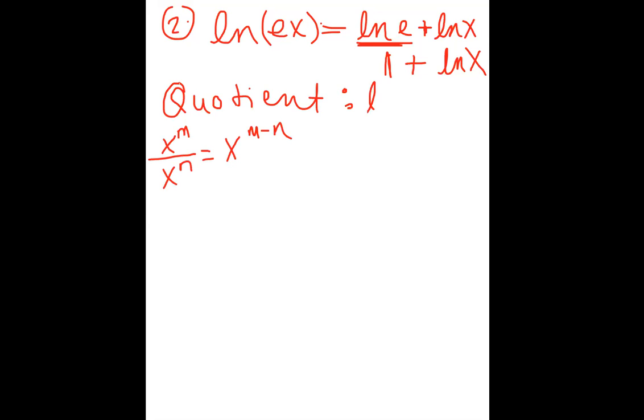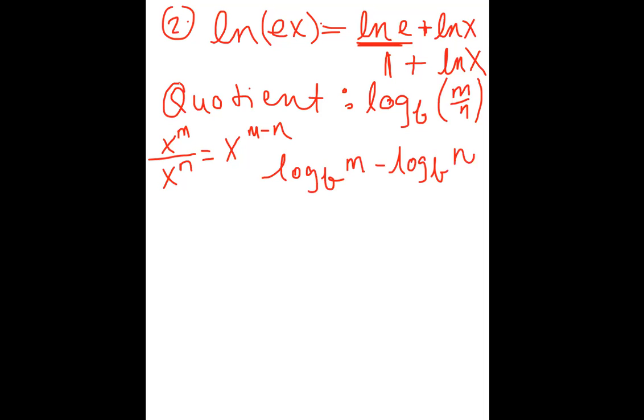On this one, if you were given log base b of m over n, as in m divided by n, the quotient of m and n, you can take this and expand it to log base b of m minus log base b of n. So in other words, that quotient becomes a difference. It becomes subtraction. So multiplication becomes addition, and division becomes subtraction.